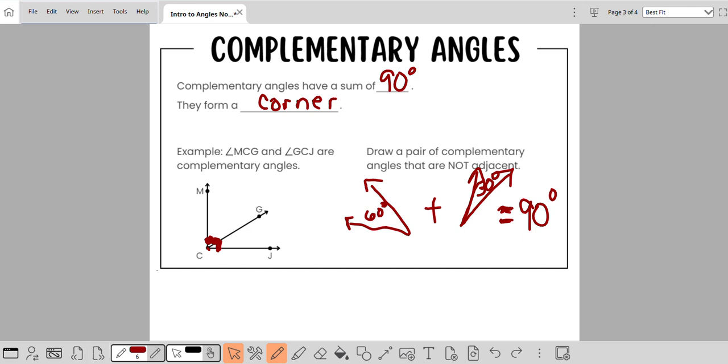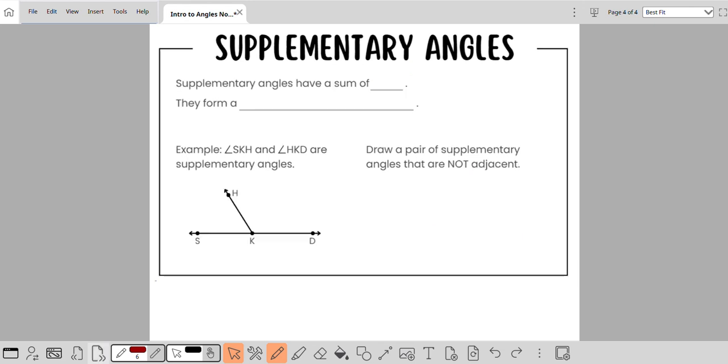Now let's talk about supplementary angles. Supplementary angles have a sum of 180 degrees. They form a straight line, and you may say, Ms. Voss, all lines are straight, so you don't have to say the word straight.